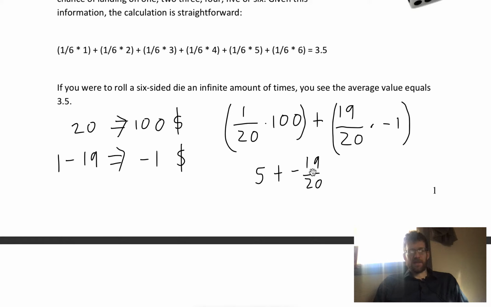If we want to put that as a decimal, a 20th is 0.05. So it's negative 0.95. So what is 5 plus a negative 0.95? Well, that's 4.05.